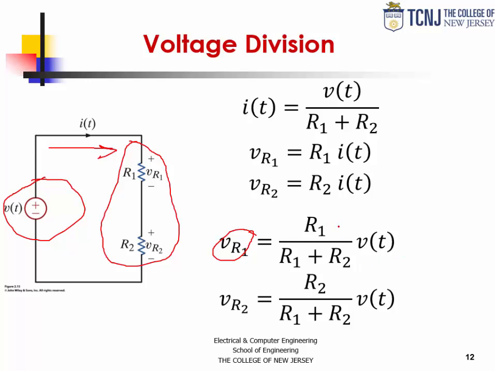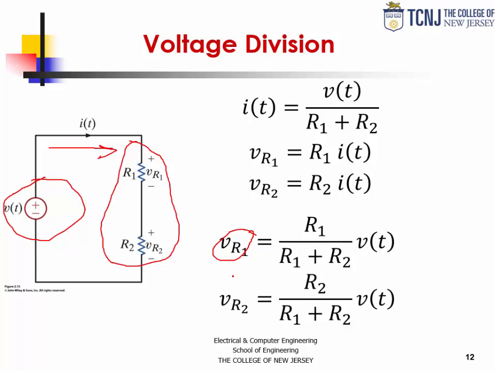That amount of voltage is proportional to the value of the resistor divided by the total resistance. So the higher the resistance is as a proportion of the total resistance in the circuit, the higher the voltage that is dropped across it is going to be.